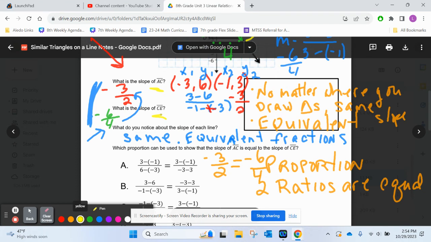I think that the first ratio or proportion is supposed to represent line AC, and the right side is supposed to represent CE. And so I want you to look at them, decide which one's right and which ones are wrong, and think about why they're wrong.